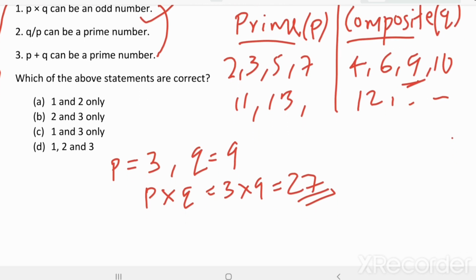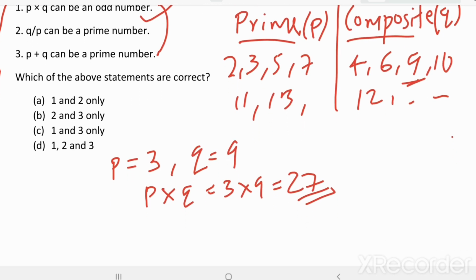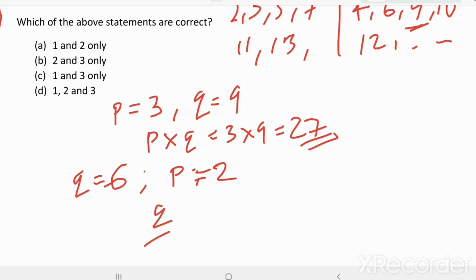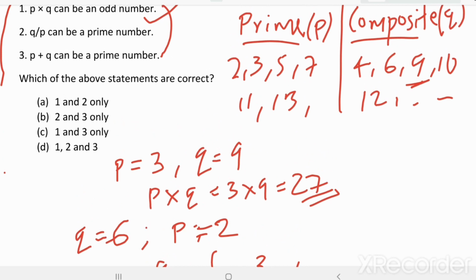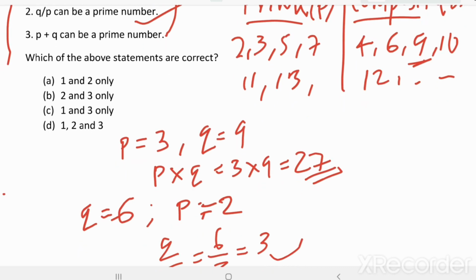Now see the second statement. q by p can be a prime number. q is a composite number, 6. p is a prime number, 2. Then q by p, 6 by 2 equals 3, which is a prime number. So q by p can be a prime number. This is also correct.